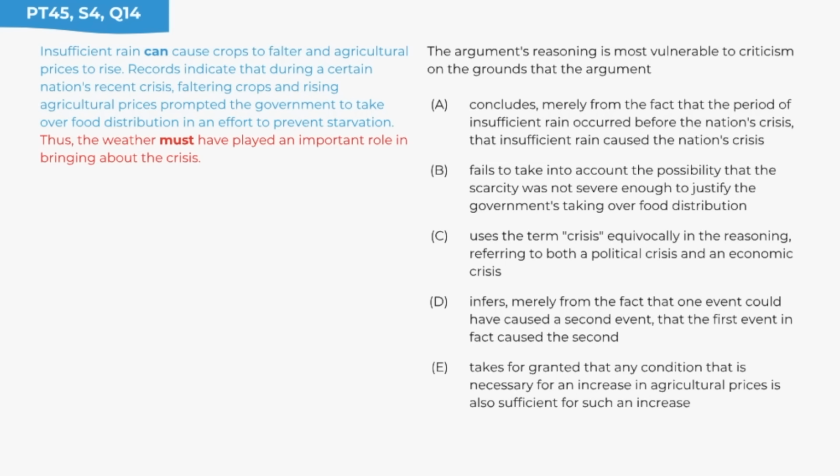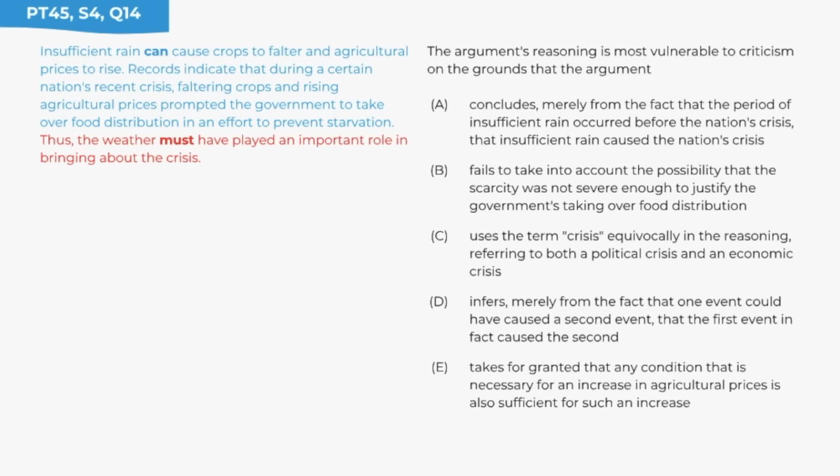So in this case, if we're going to anticipate what an answer might sound like, we're looking for something about how the degree of the conclusion is much stronger than the degree in the evidence, right? The argument treats something that is possible as though it were inevitable.